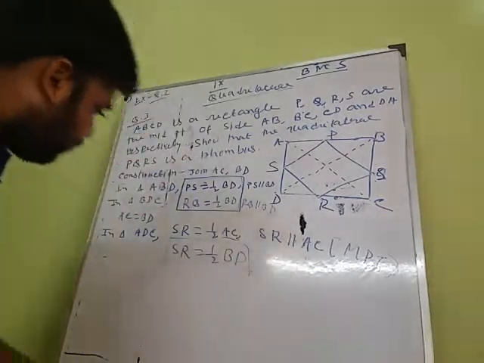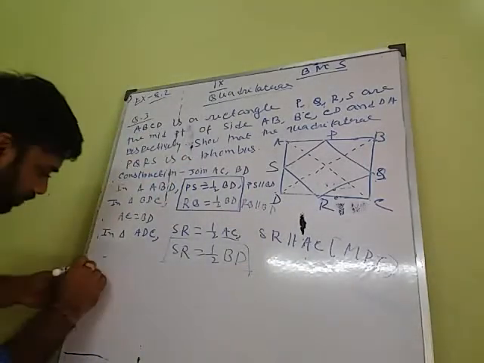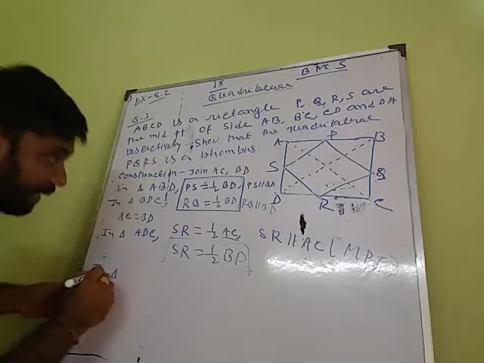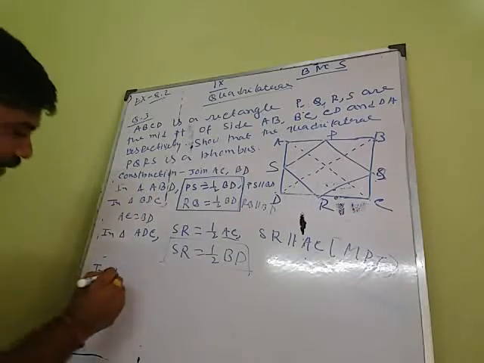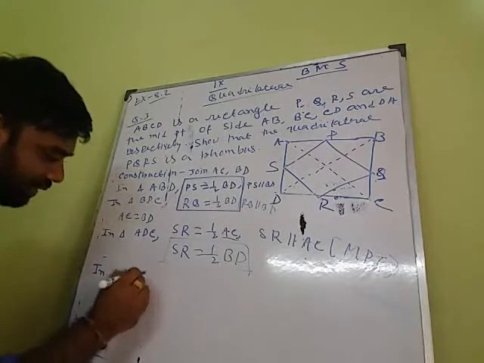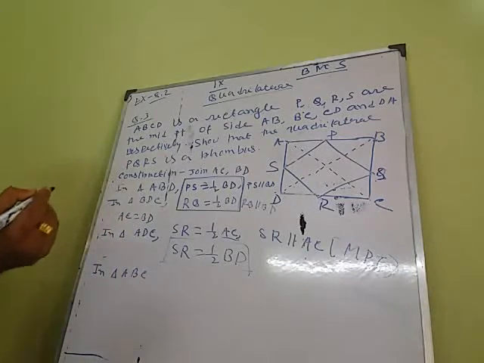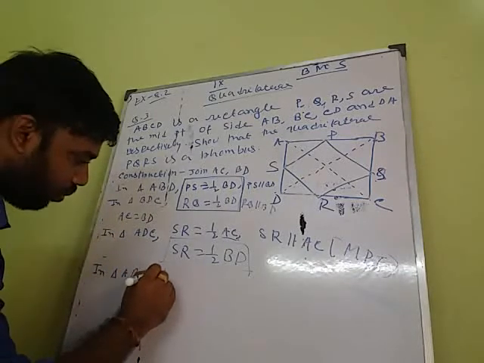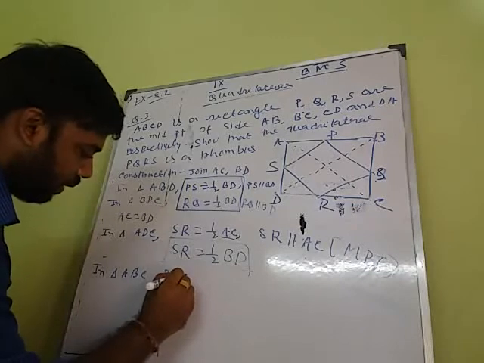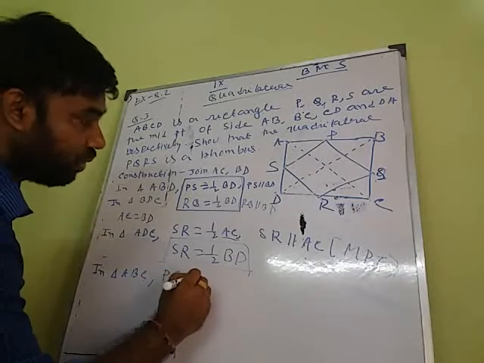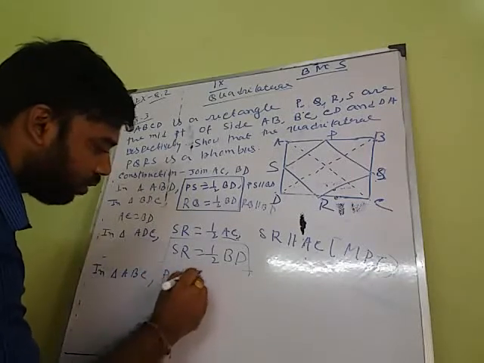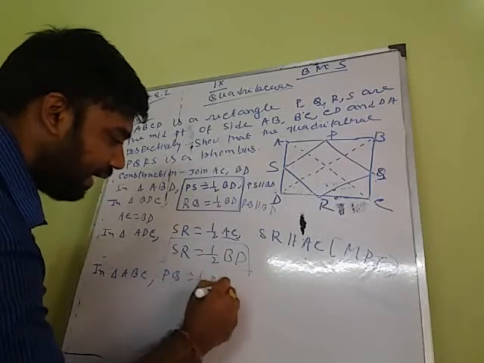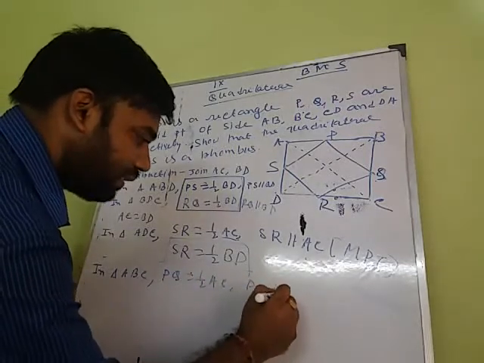Next, in triangle ABC, PQ equal to half of AC and PQ parallel to AC.